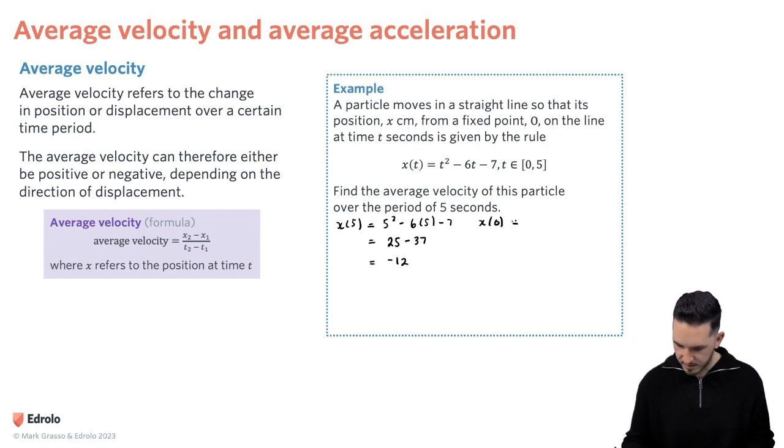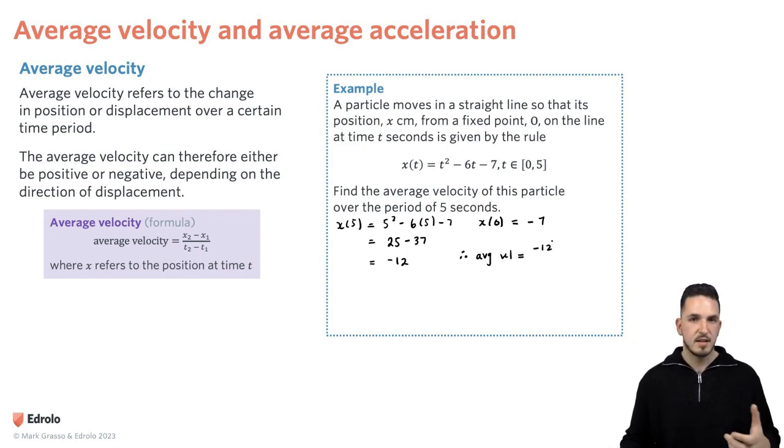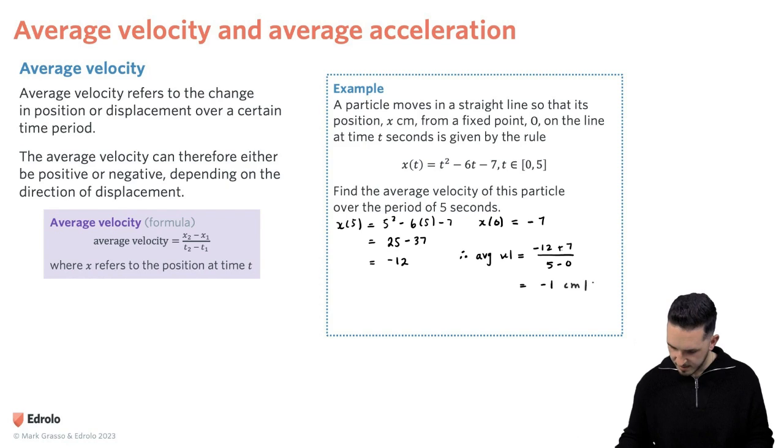X of 0 is just going to be 0 squared minus 6 times 0 minus 7, so it's equal to negative 7. Therefore, putting this into the formula, average velocity is equal to negative 12 minus negative 7, so it becomes plus 7, over 5 minus 0, so this becomes negative 1 centimeters per second.